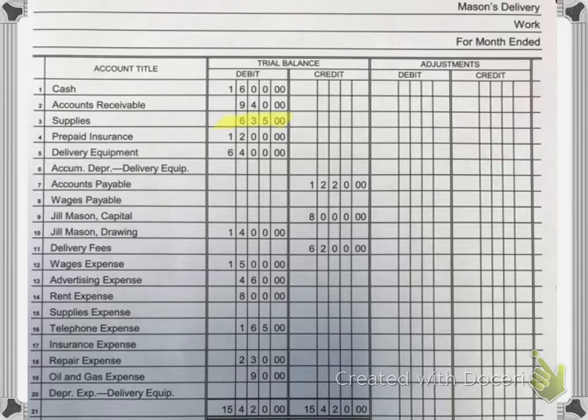And now they're telling us that the actual ending balance is $90. So the difference between what we started with, the $635, and what we have left, the $90, would be the amount that was used. So $635 minus $90 would tell us that $545 in supplies have been used. So the amount of your adjusting entry is $545.